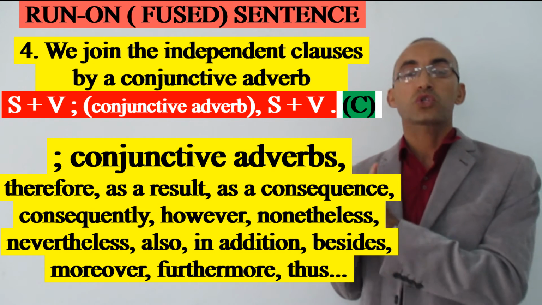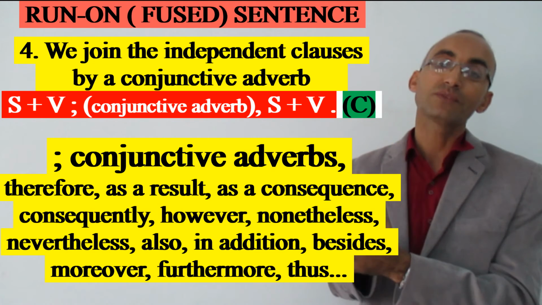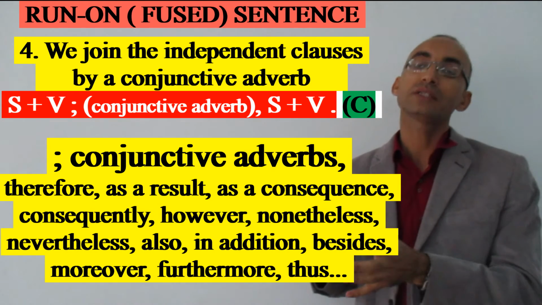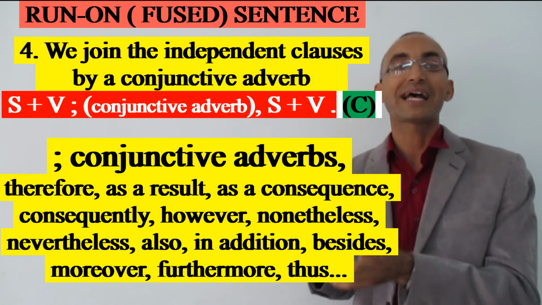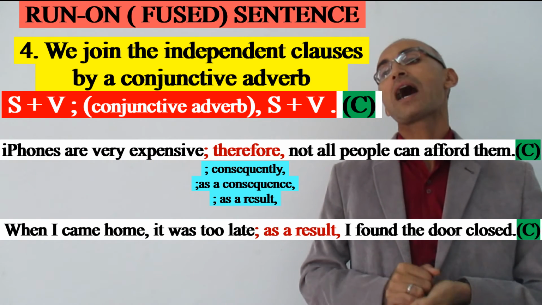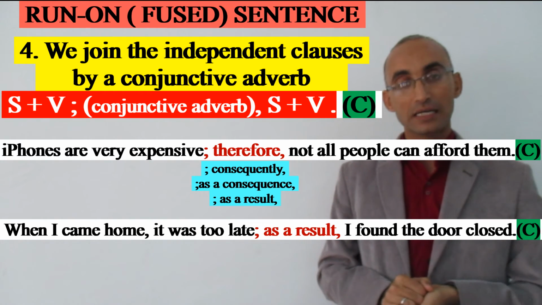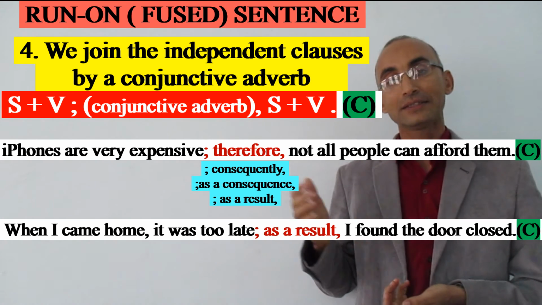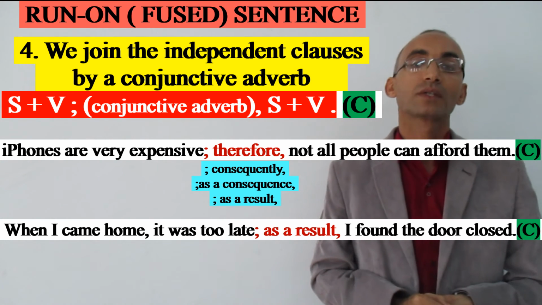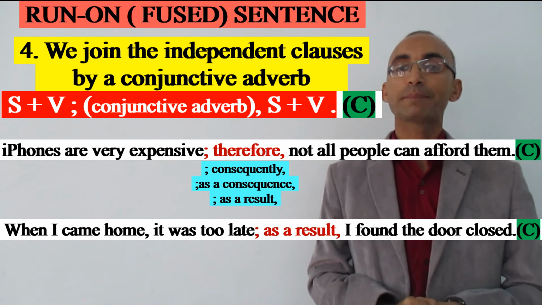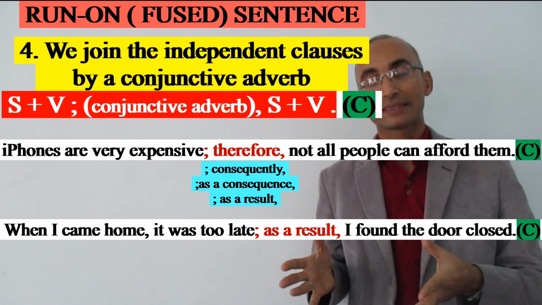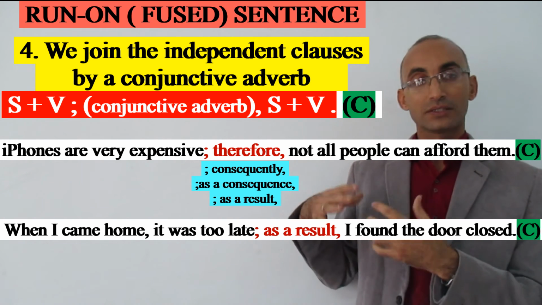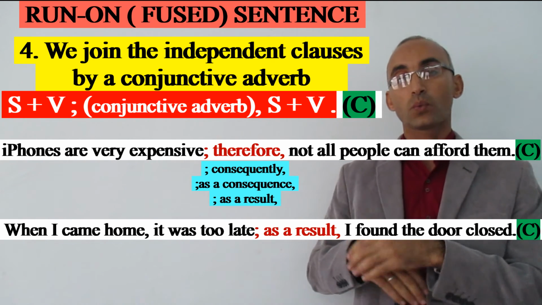And these should always be preceded by a semicolon and followed by a comma when they join two independent clauses. And we write here, iPhones are very expensive, semicolon, therefore, or as a consequence, or consequently, or as a result, comma, not all people can afford them. Clear?